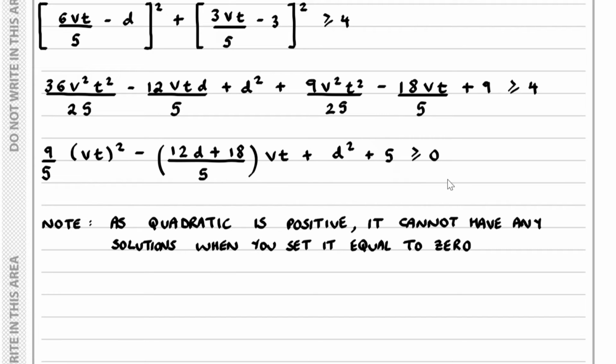As we've got a quadratic which is positive, it cannot have any solutions when you set it equal to 0, which means the discriminant is less than 0.